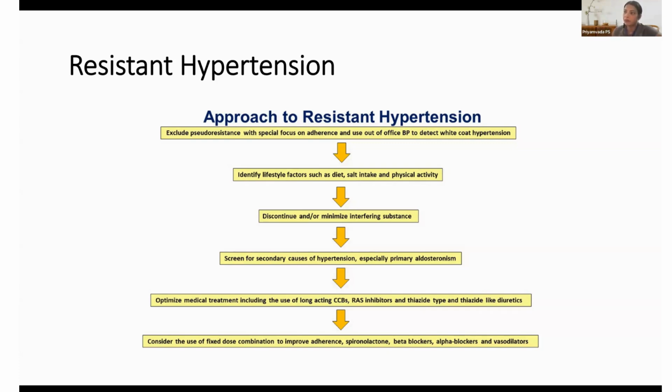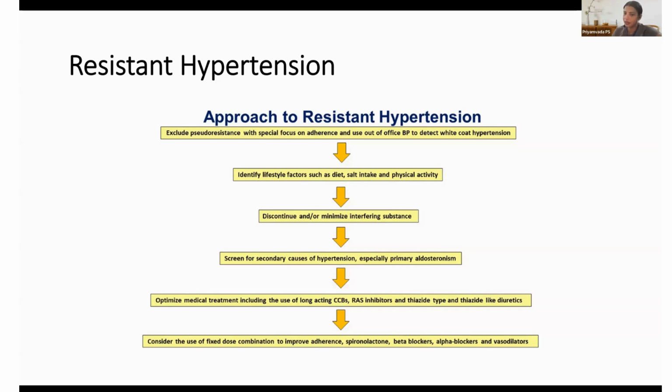One thing which is probably used in many indigenous systems of medicine is licorice. Licorice is basically a mineralocorticoid agonist, and that has hypertensive properties. Then screen for secondary causes of hypertension, especially primary aldosteronism. This is something that can be done in the primary care setting also.